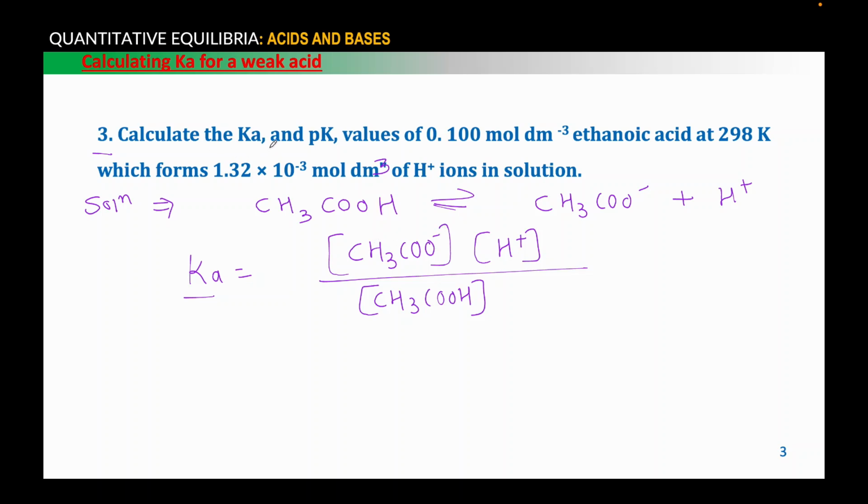Now students, here you need to calculate Ka. So for calculating Ka, what is given? Given is the H plus concentration in the acid.